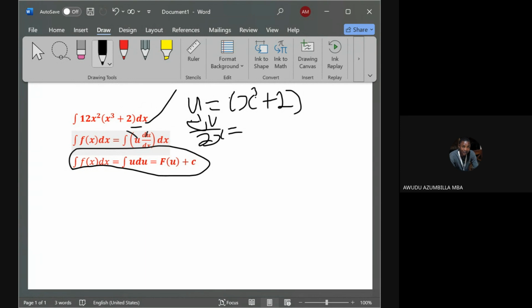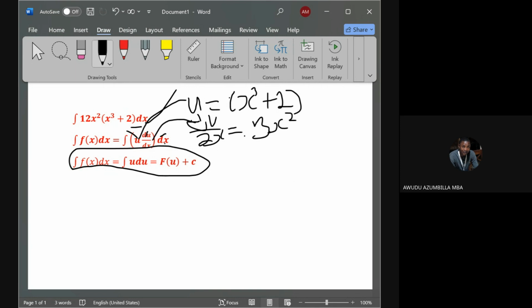So when we differentiate this one, we are going to get 3x squared. Now, what about our dx? So we have our u, which is equal to this. We have du dx, which is also equal to this. What about our dx? Where is our dx?